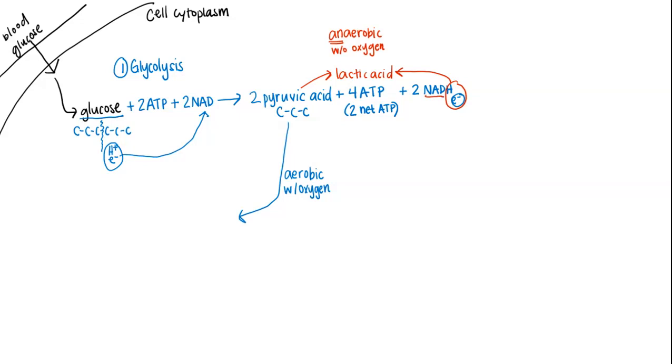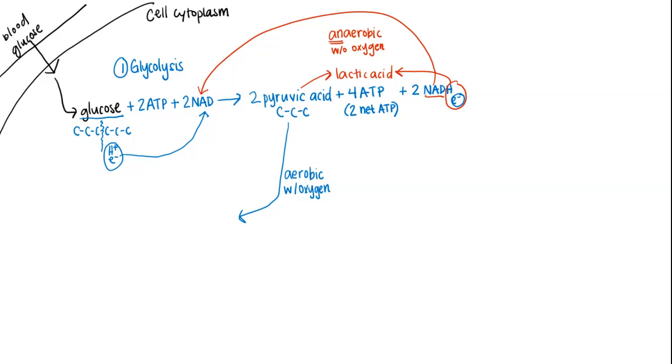And so the NAD can resupply the NAD at the beginning of glycolysis. So that way we can continue having our glucose from the food we eat, the ATP and the NAD, and we can continue the cycle to keep gaining this net of 2 ATP.